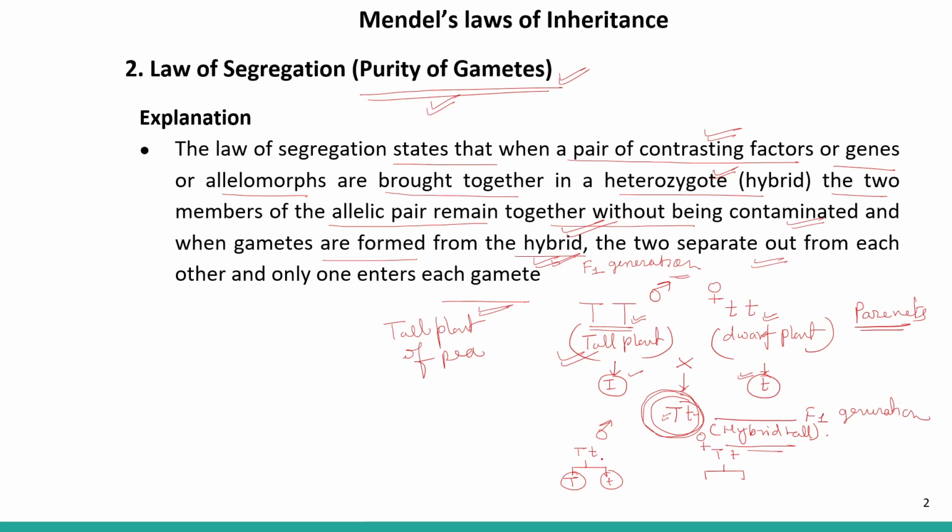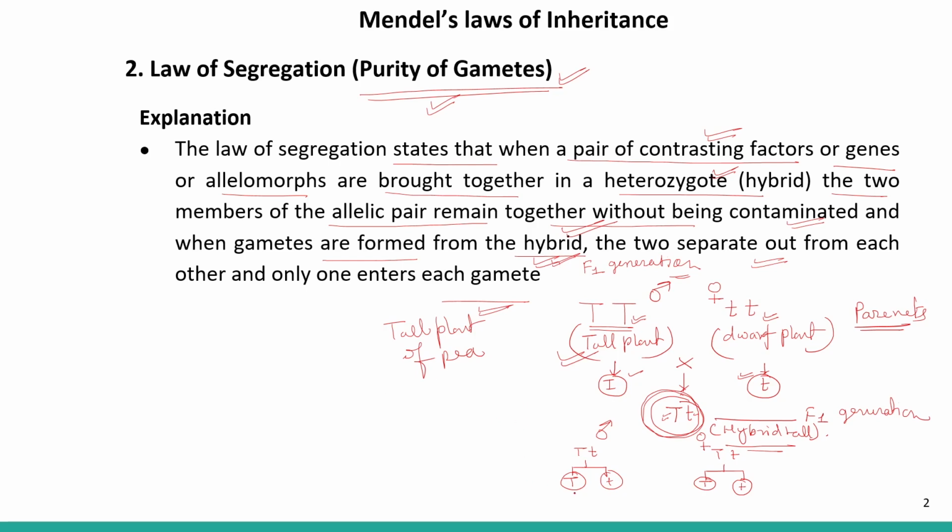But here in the case of both the parents, male and female, are heterozygous tall. So they produce two types of gametes, capital T and small t. Okay, so this also produces capital T, small t, right? Now what happened?